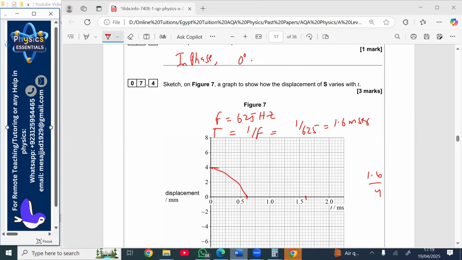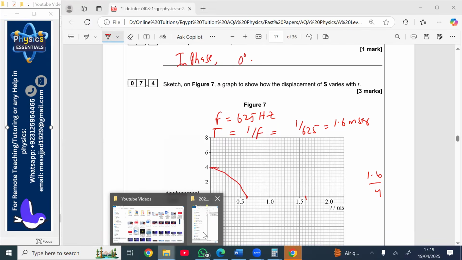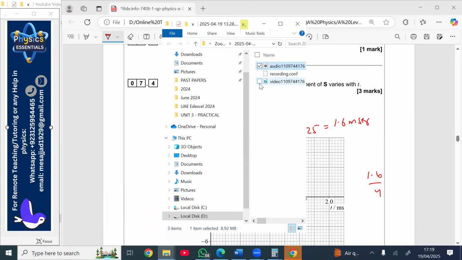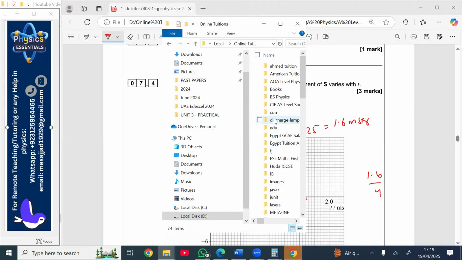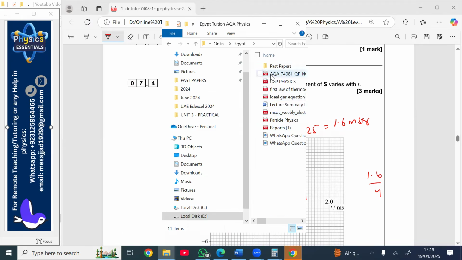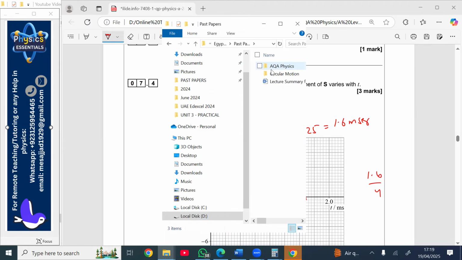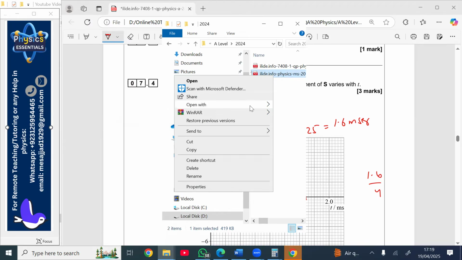So I think it should go, just hold on. Okay, here is the mark scheme.